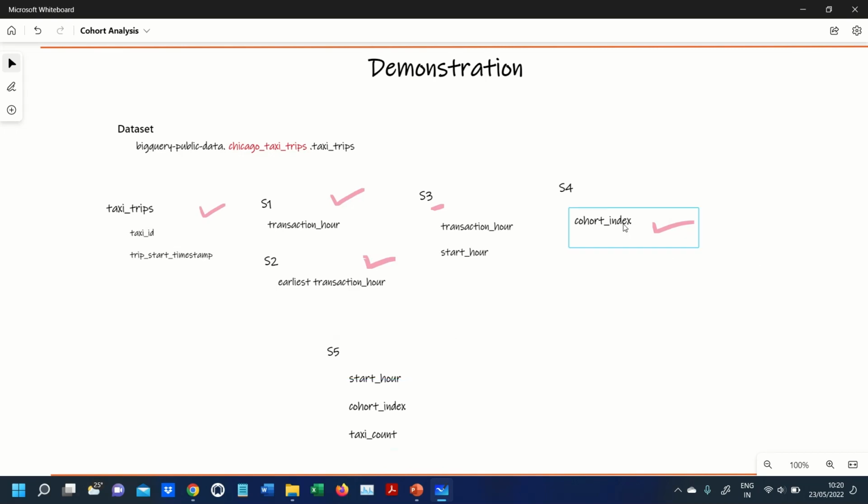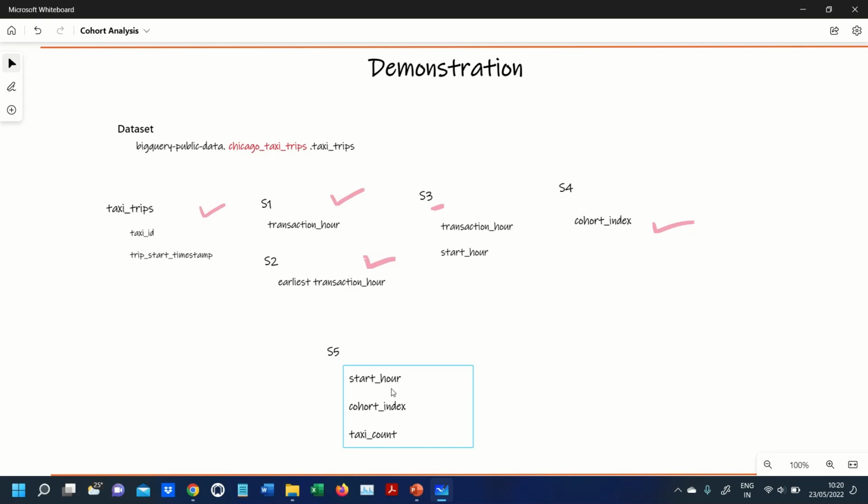Now let's take the subset of this and group by the cohort index and the start hour. For each combination of start hour and cohort index, how many taxis are there in that group? Our cohort here is the start hour.